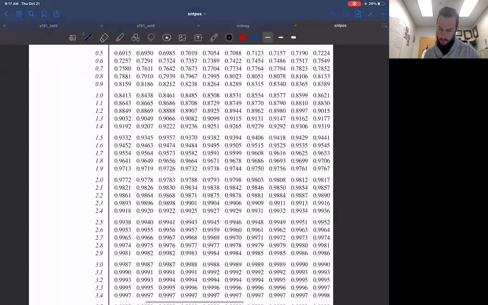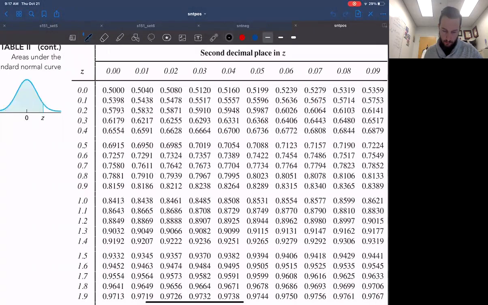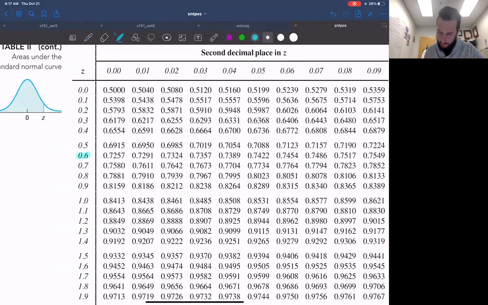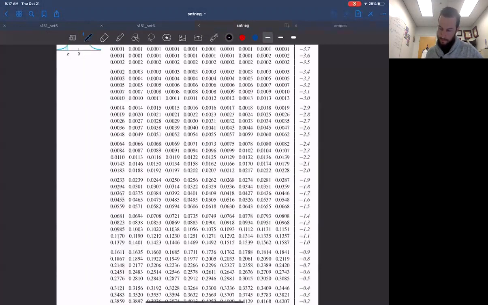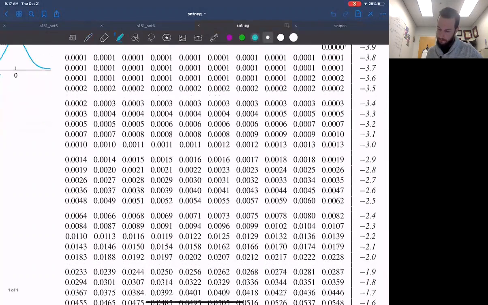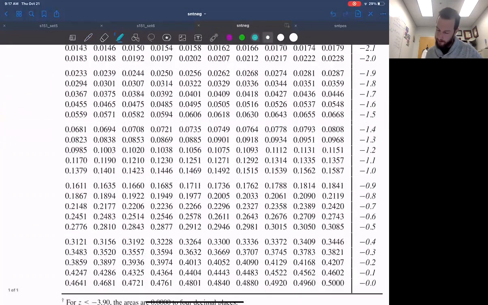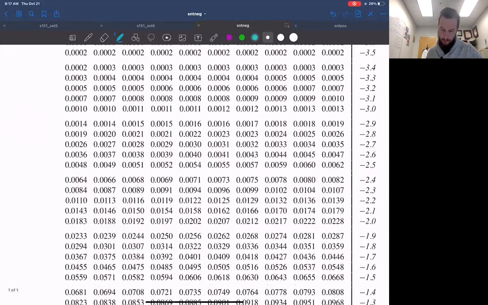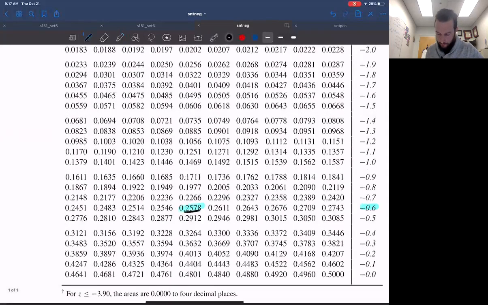Okay. So 0.65 is shown here, so 0.7422. Negative 0.65 is shown here, 0.2578.